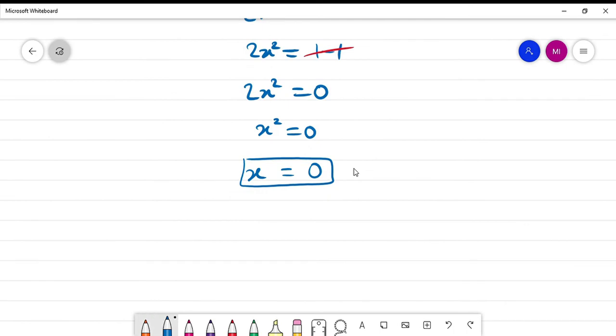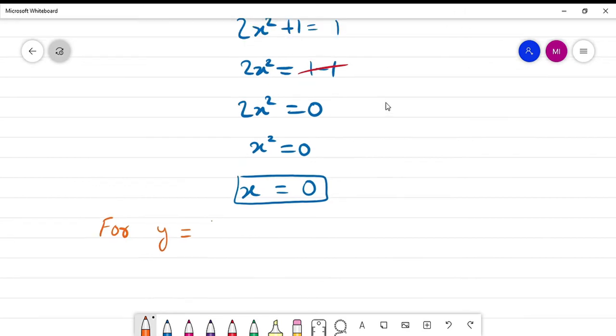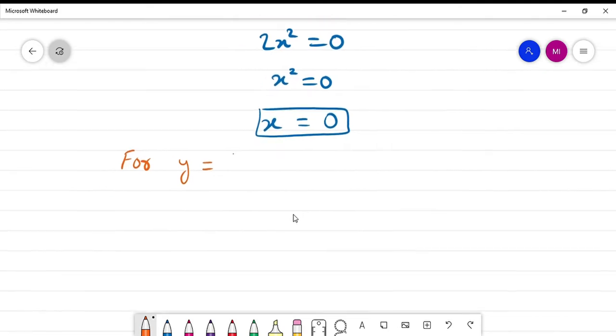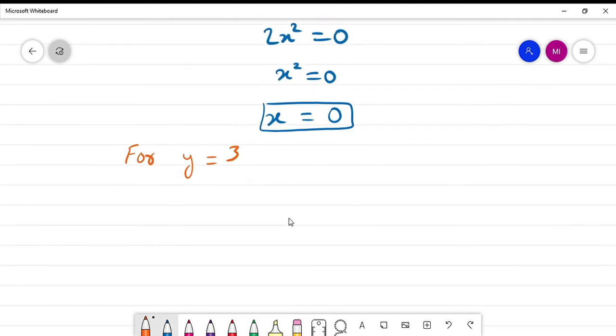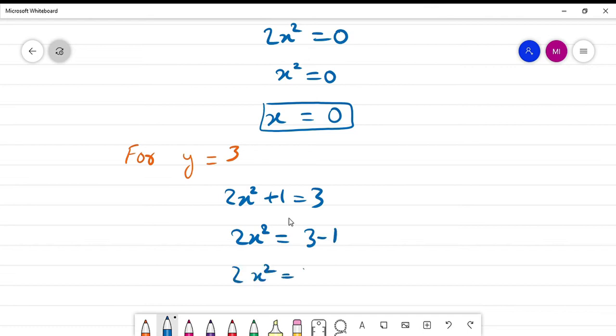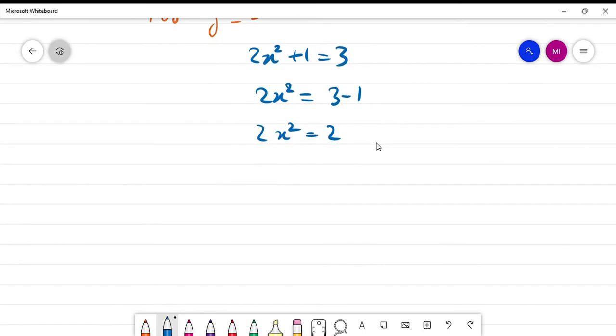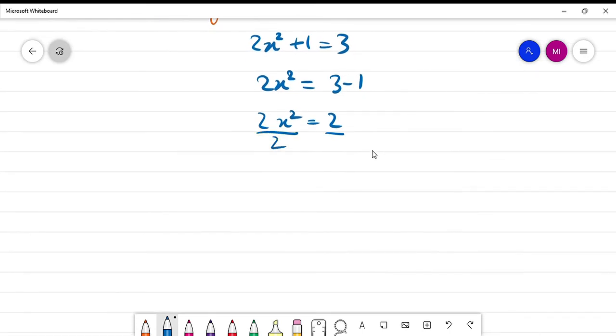And the second value of y, what was the second value? Yes. For y is equal to 3, 2x squared plus 1 is equal to 3. So 2x squared is equal to 3 minus 1, and 2x squared is equal to 2. Dividing both sides by 2, we get x squared is equal to 1.